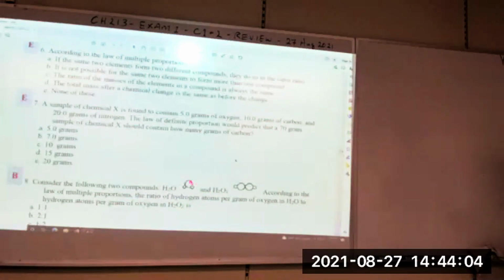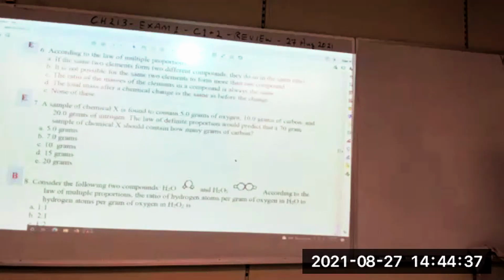If we ratio grams of hydrogen per gram of oxygen over here, they're going to be bigger, right? Because you've only got one oxygen. So the ratio of hydrogen to that one oxygen is one value. The ratio of these hydrogens to those two oxygens is going to be exactly half of that. So then the ratio of this to that would be 2 to 1. That's why it's 2 to 1.